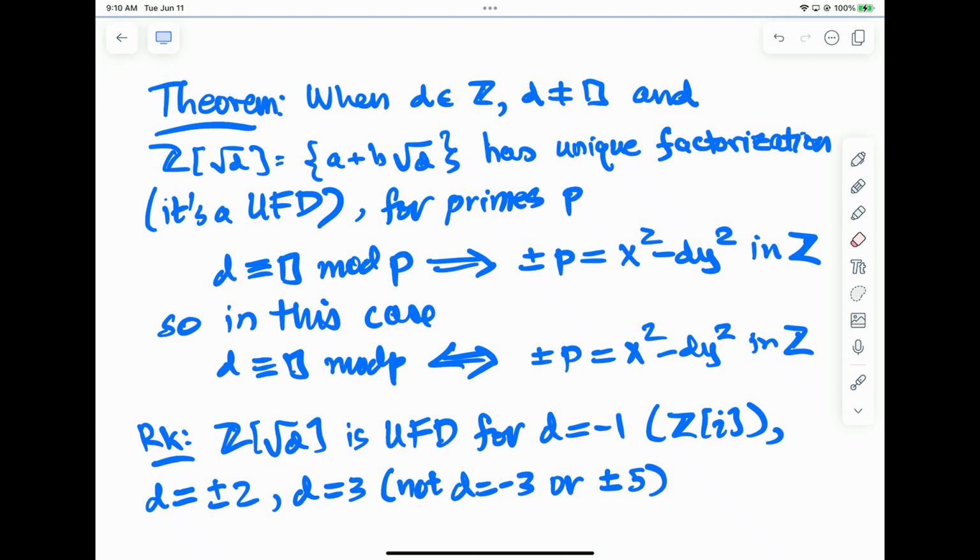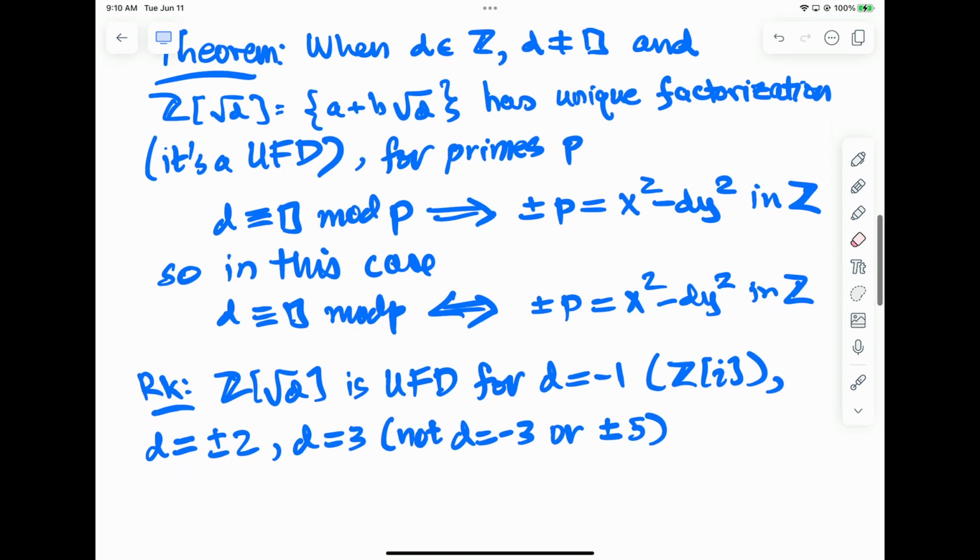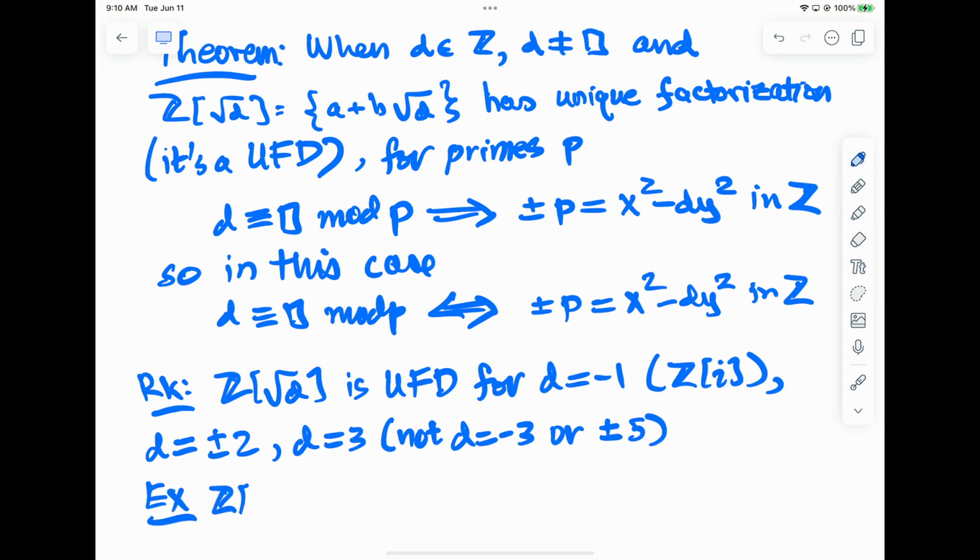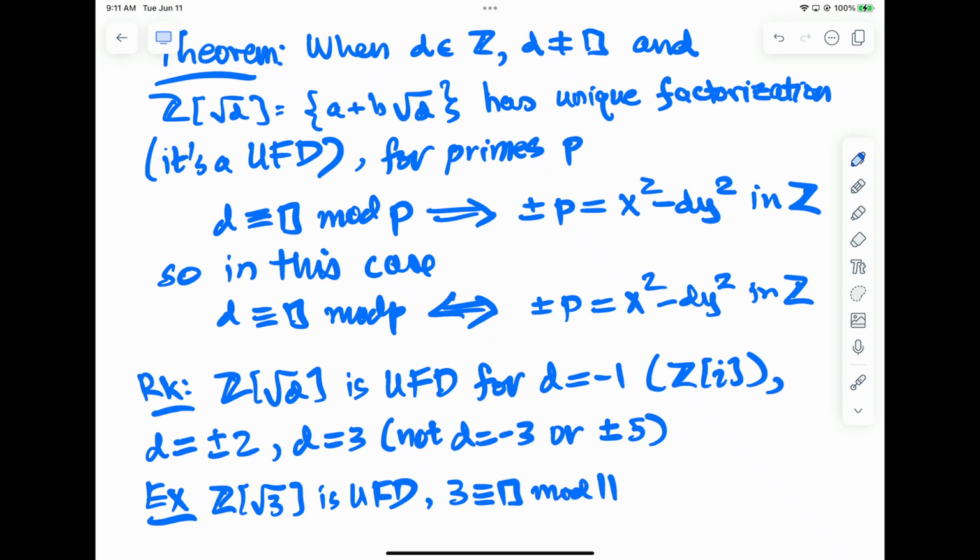Okay, so yeah, we have this equivalence, and as an example to appreciate the case, Z[√3] is a UFD, and taking d equal to 3, 3 is a square mod 11. This is what I was mentioning earlier. 3 is a square mod 11.